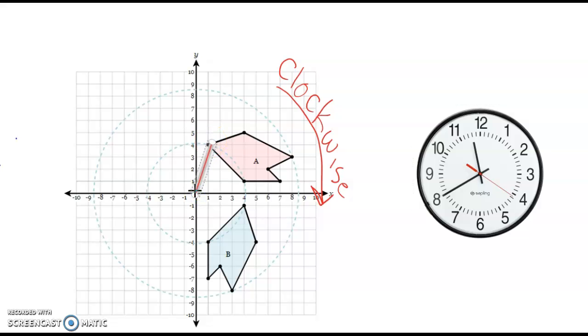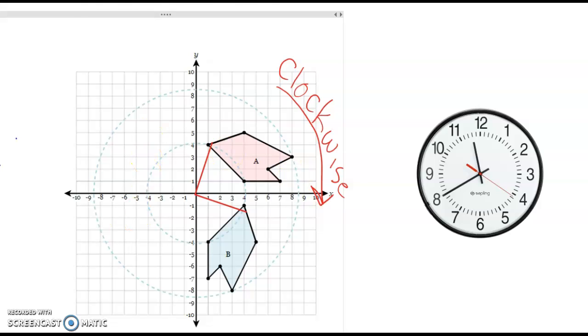Connect that to the origin because we're rotating around the origin. And then I'm going to connect the origin to the other tip. And then we can see where they got that 90-degree rotation because it is creating a 90-degree angle from the tip of this object to the tip of the image.